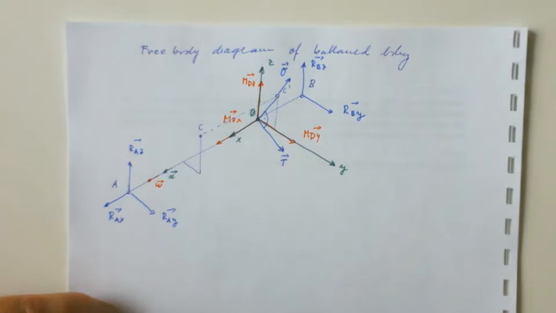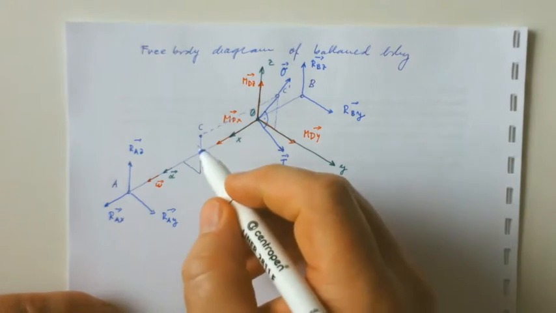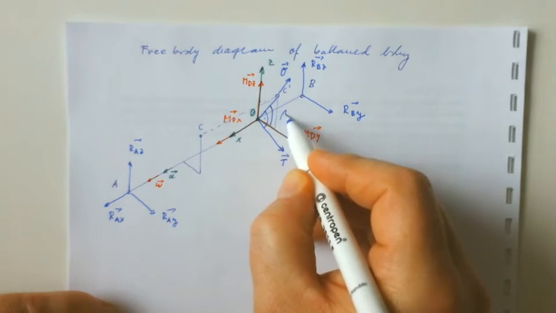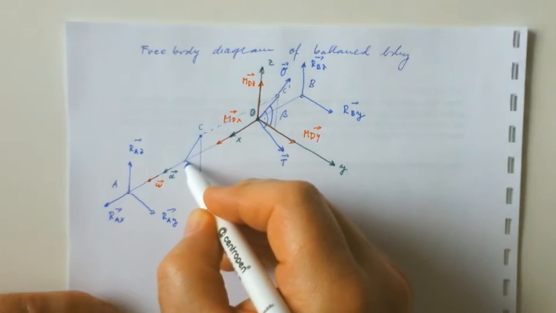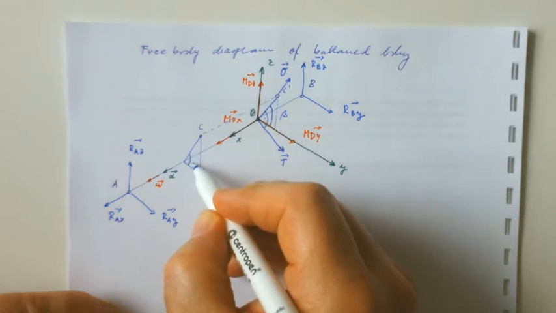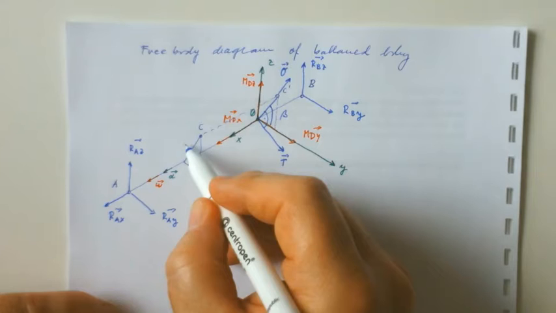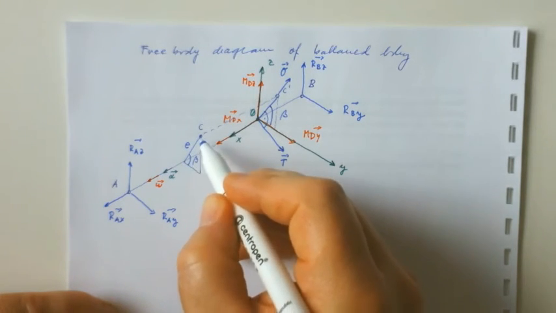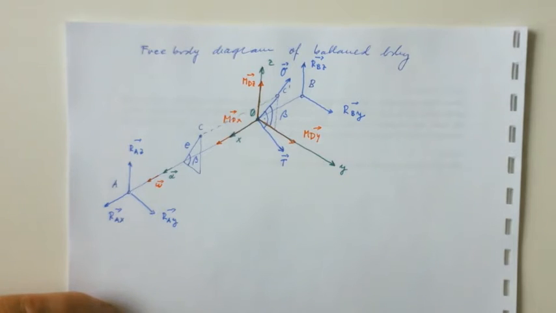If we know coordinates of the center of mass, we can calculate this angle. This angle is beta, and this is E, this displacement.